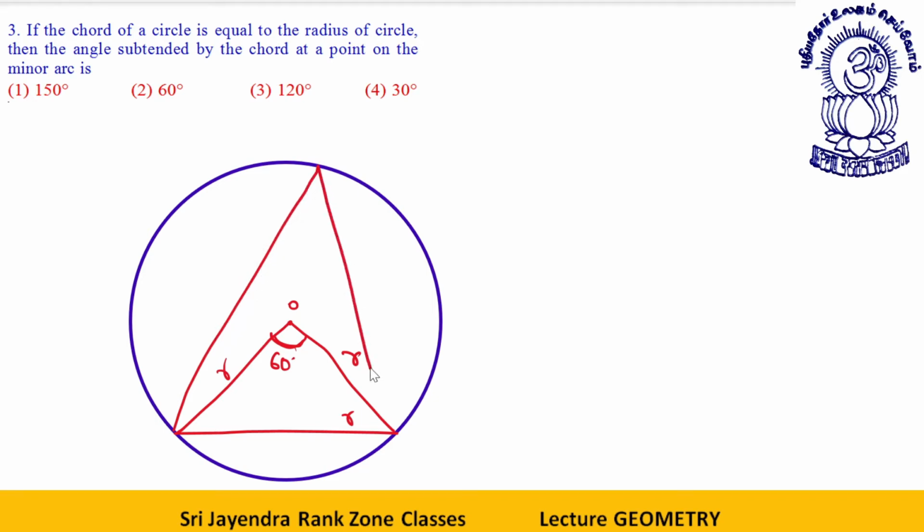Over here it will be how much? If this is 60, this will be half, this will be 30 degree. Now this is 30 degree. If this is 30 degree, what will happen to the angle over here?